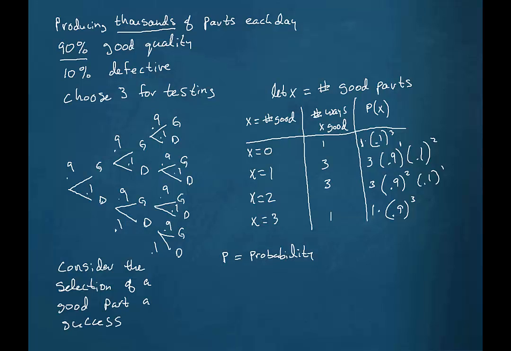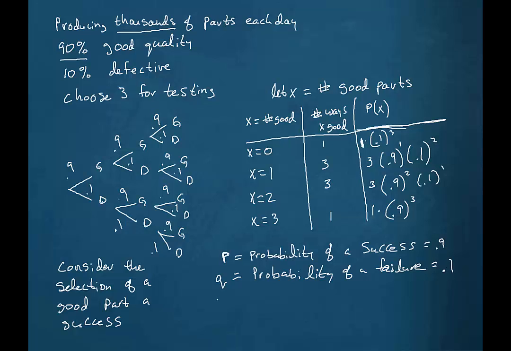So this lowercase p, the probability that we would select a good part, we're then going to call the probability of a success. Then we're going to let a lowercase q be the probability of a failure, which in this case then is the only other possible thing that could happen, and that is that we would select a defective part. So then little p is going to be 0.9 and little q is going to be 0.1.